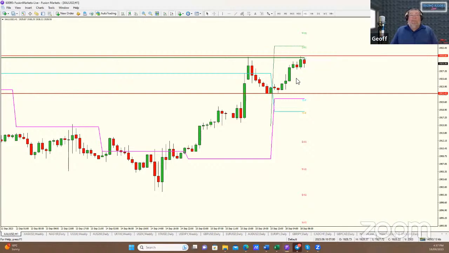The filters and the targets that I'm using at the moment for this trade are simply the pivots. So if we entered here, we're trading straight into the daily pivot and straight into the weekly pivot with a risk of about $8.20.